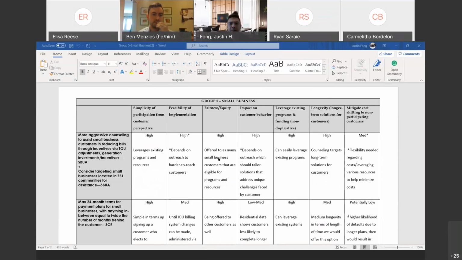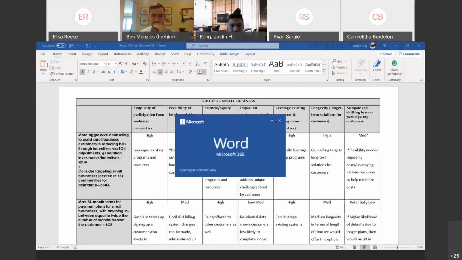The specialized group will have higher touch, more detailed, customized solutions to small businesses. The simplicity of this proposal is high. It will be easy for customers to understand and learn about all the programs and services that are available to them. Possibility of implementation is also high.